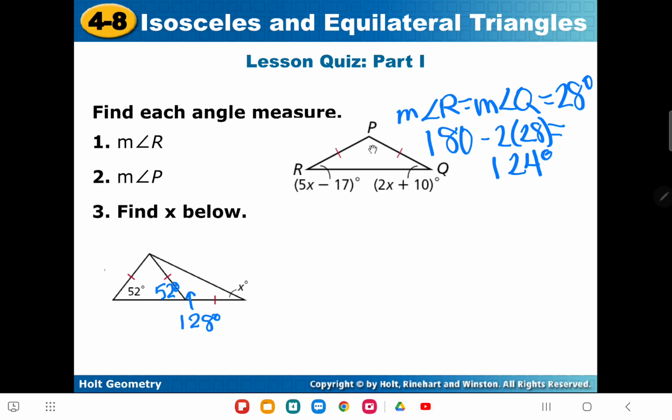Now, another way, if you had been paying close attention, this angle that I labeled as 52 is an exterior angle to my isosceles triangle here, so I could have gone about this more quickly. But I will again note that 180 minus 128 is 52 degrees. Therefore, x will be half of 52 degrees, and even Lola here knows the answer, that x is going to have a value of 26.